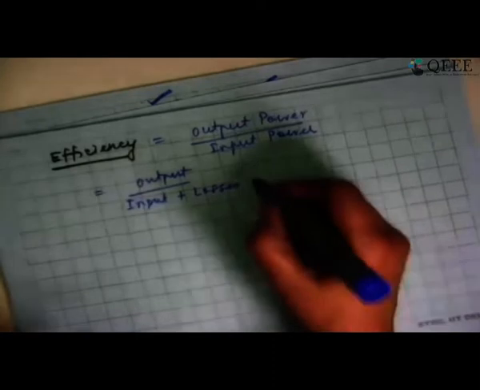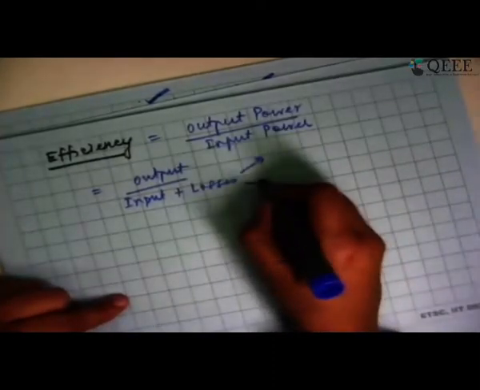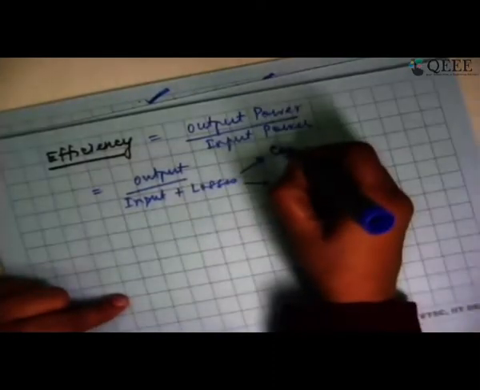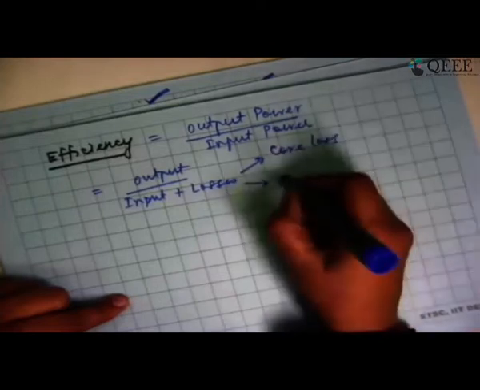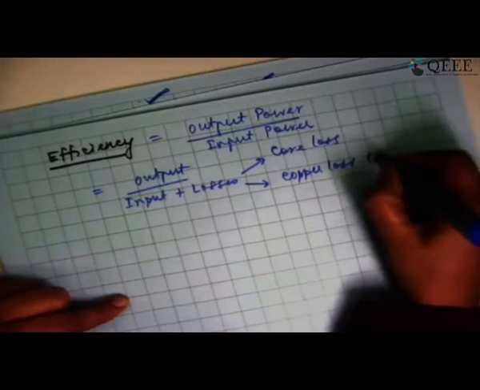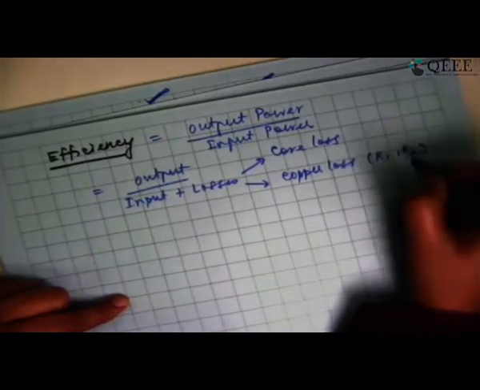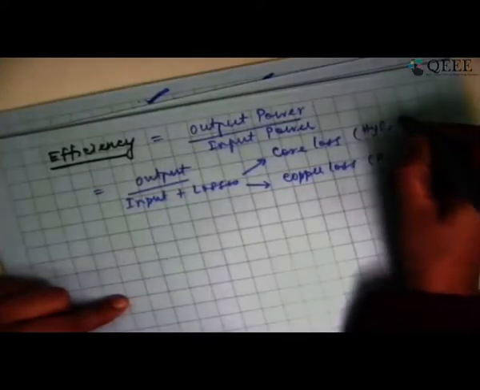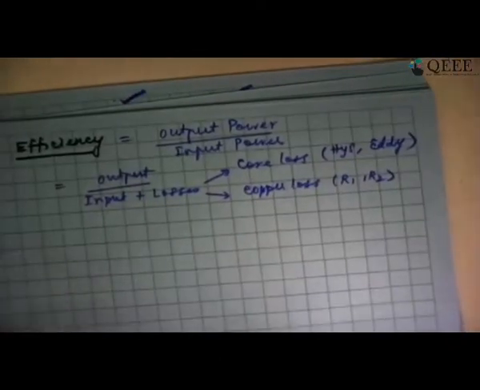If I am talking about losses, the losses actually have two portions. One is core loss, the other one is copper loss. We already talked about R1 and R2. So copper losses are contributed by R1 and R2. The core loss is hysteresis and eddy current loss. So we know clearly these are the losses.